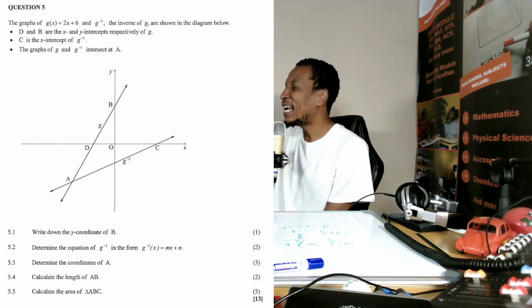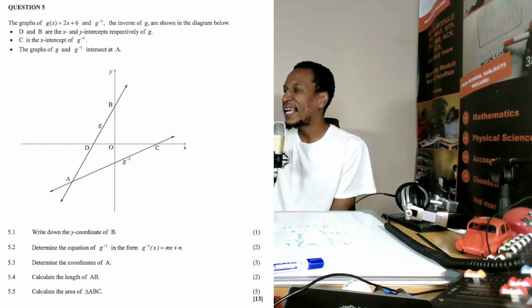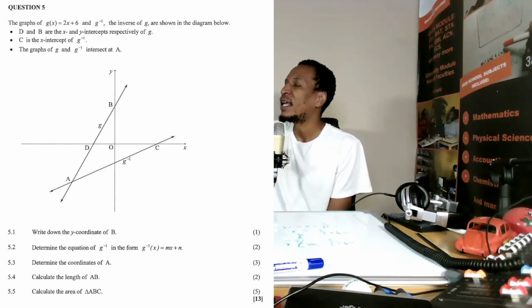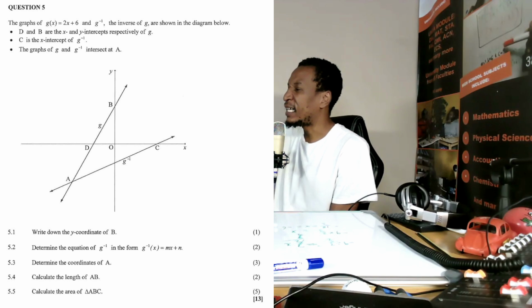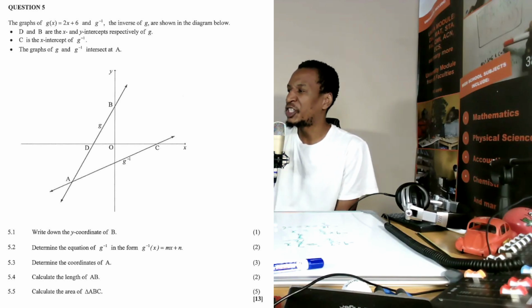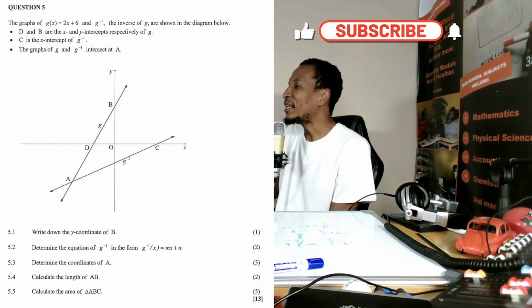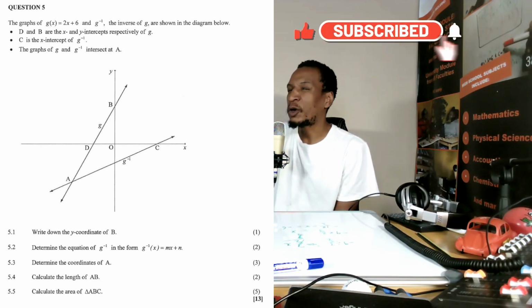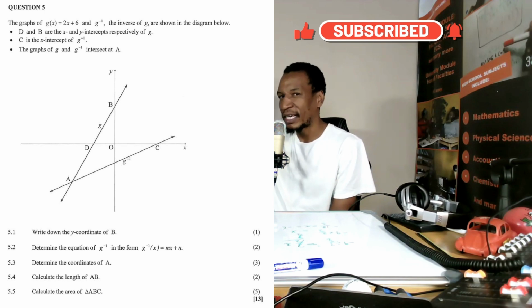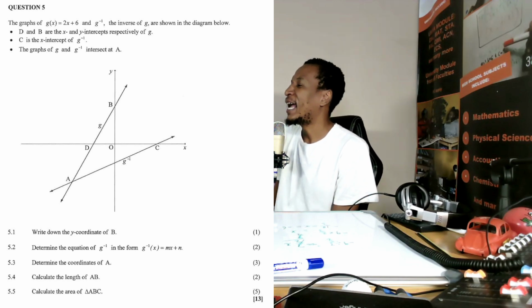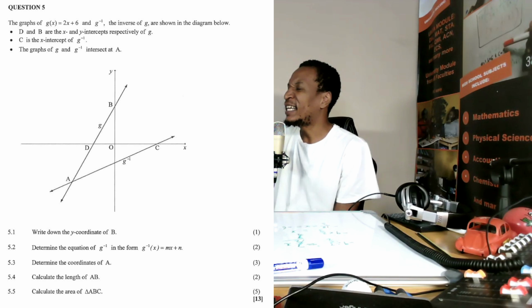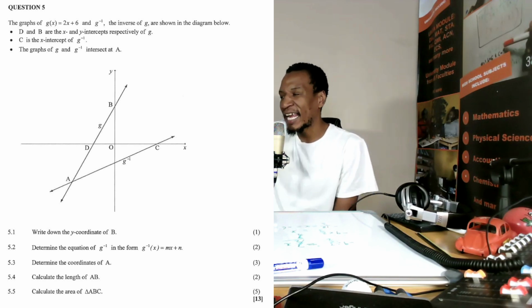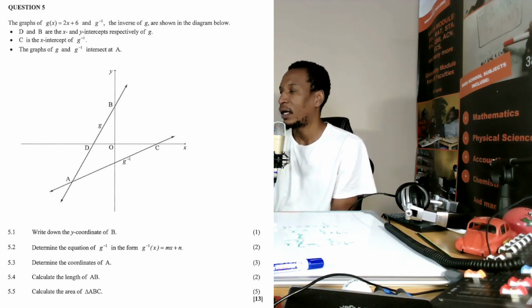Furthermore, D and B are the x and y intercepts, respectively, of g. So D is the x-intercept of g, B is the y-intercept of g. C is the x-intercept of the inverse of g, the g with the negative exponent 1. And the graph of g and its inverse intersect at point A, as we can see there.